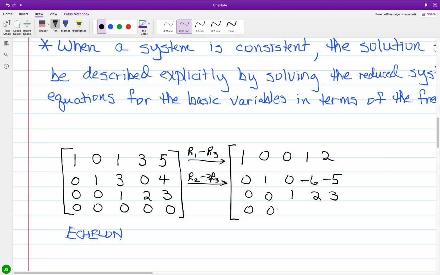And so in this particular development, all the leading elements are the only ones with the value 1 in each column. So in this particular case, we have the reduced echelon form.